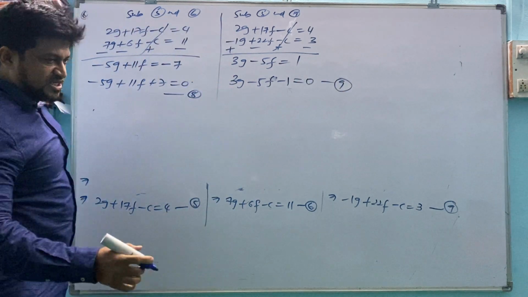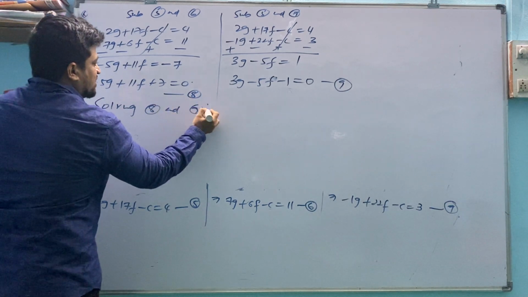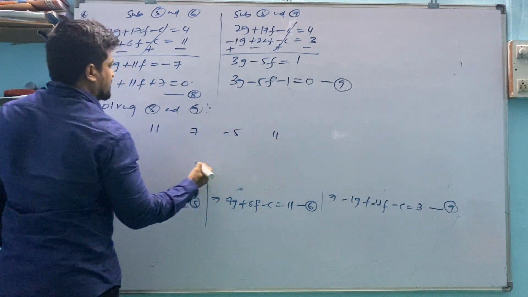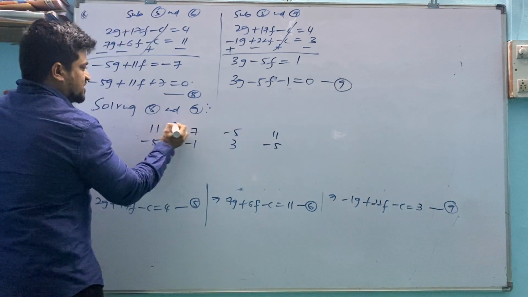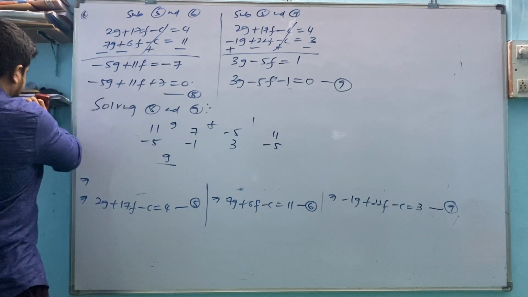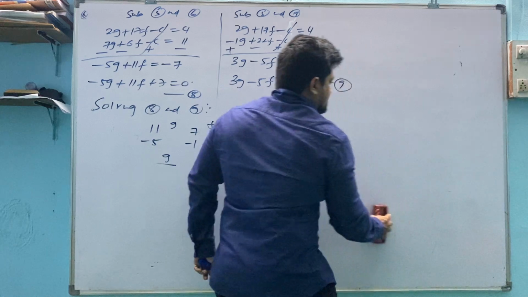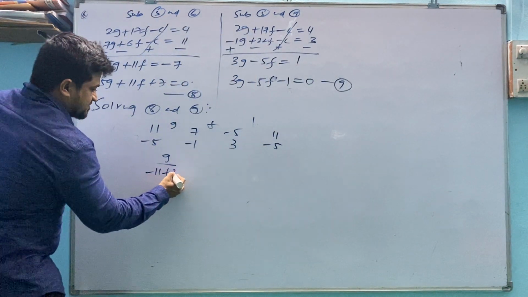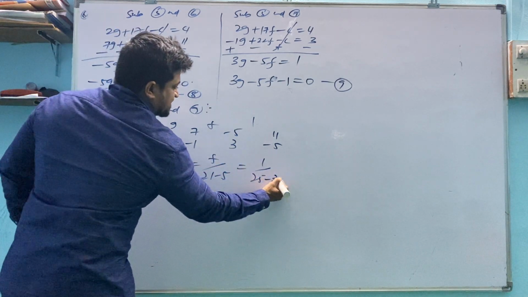What we need to do? We need g, f values by solving 8th and 9th equation. To solve 8 and 9, what we will do? Second term, third term, first term, second term. Similarly, second term, third term, first term and second term. G, F and 1. G divided by AD minus BC, F divided by AD minus BC and 1 divided by AD minus BC.